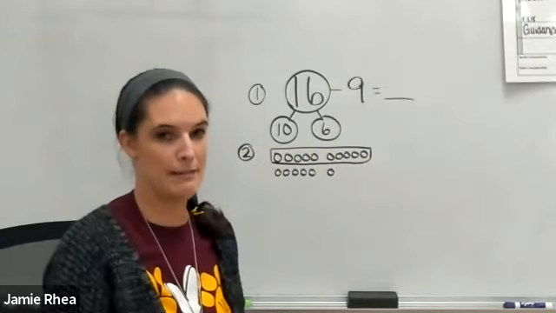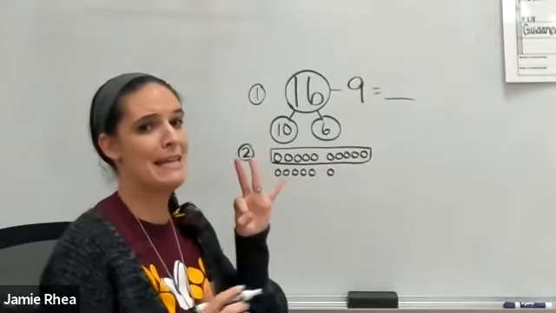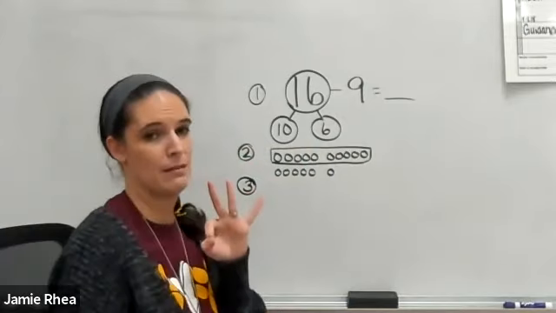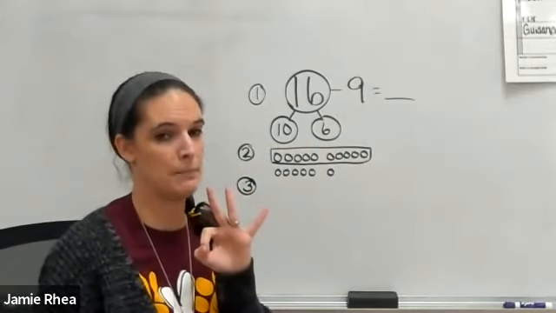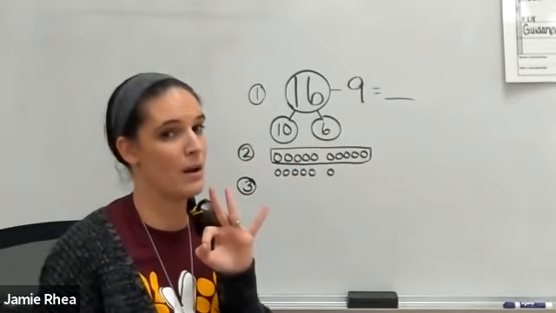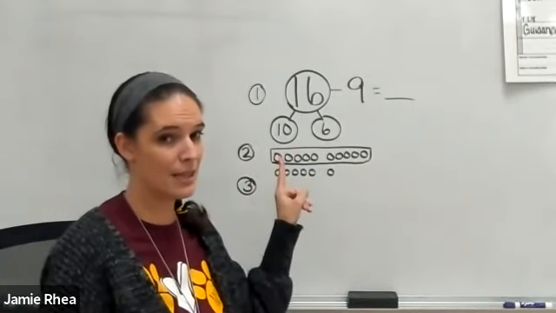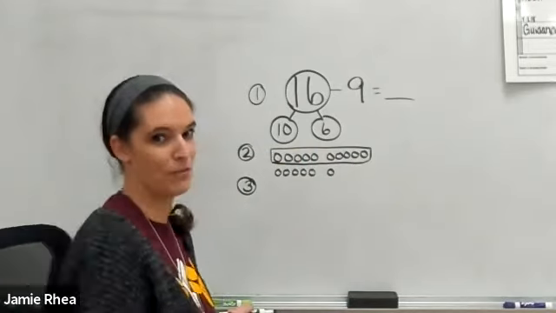Okay, now we're not done yet because now we have a step 3. Step 3, we're going to take away 9. But now my question is, where am I going to take 9 away from? Am I going to take it away from my 6 or am I going to take it away from my 10? I'm going to take it away from my 10.